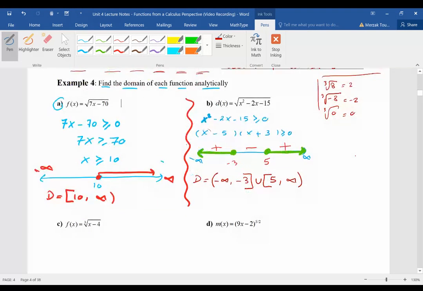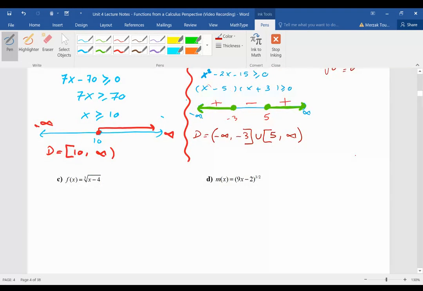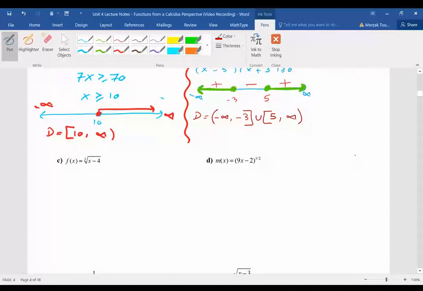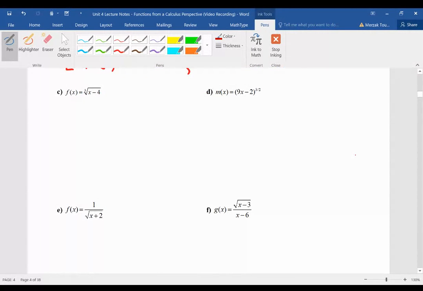So now looking at example 3C, because this is the cube root of x minus 4, there is no work for us to do. We're going to say that the domain is all the real numbers, which is negative infinity to positive infinity.